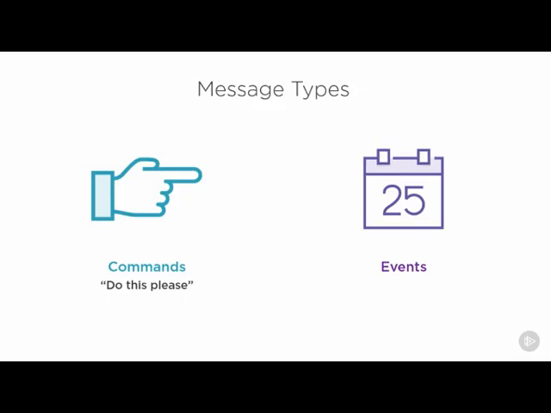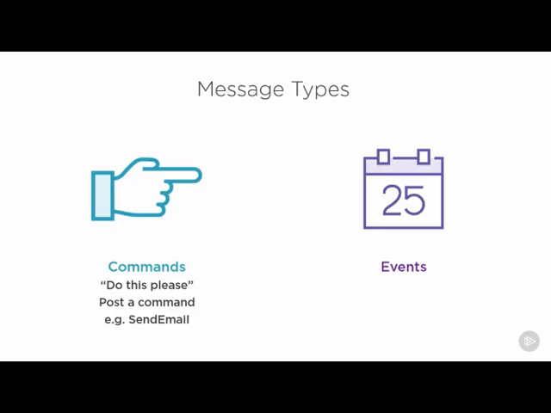That doesn't necessarily need to work synchronously, so it's a good fit for asynchronous patterns. We could post a command message that specified the details of the email that should be sent, and the email microservice could pick that up and send the message. Maybe the email microservice could get a bit behind if we posted large numbers of these command messages to its queue, but it would eventually catch up.